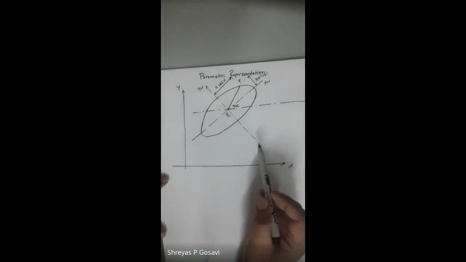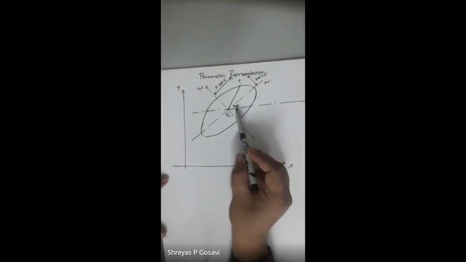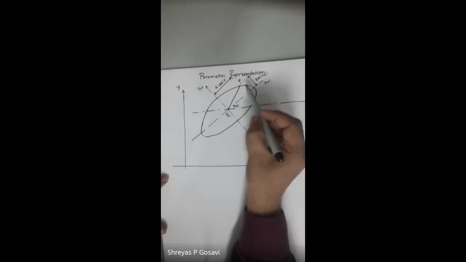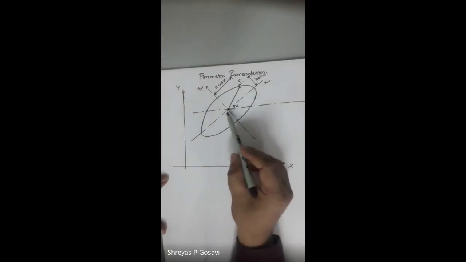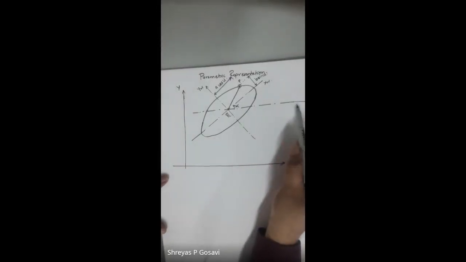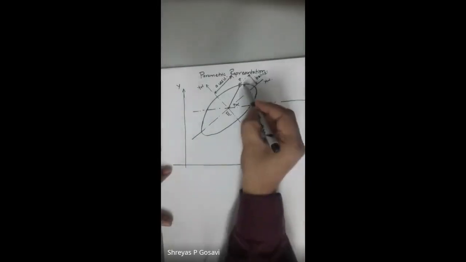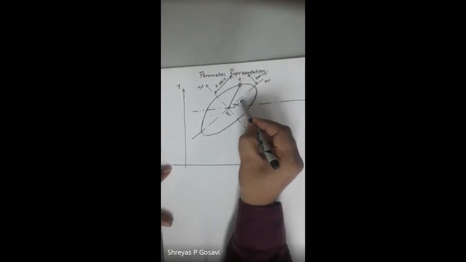So in this case, we have to determine the parametric equation for an ellipse which is inclined at some certain angle with respect to the x-axis. Okay. So ultimately we have to determine the coordinates of any point on the curve when the ellipse is at some inclination to the x-axis. Okay. So we have to determine this distance.